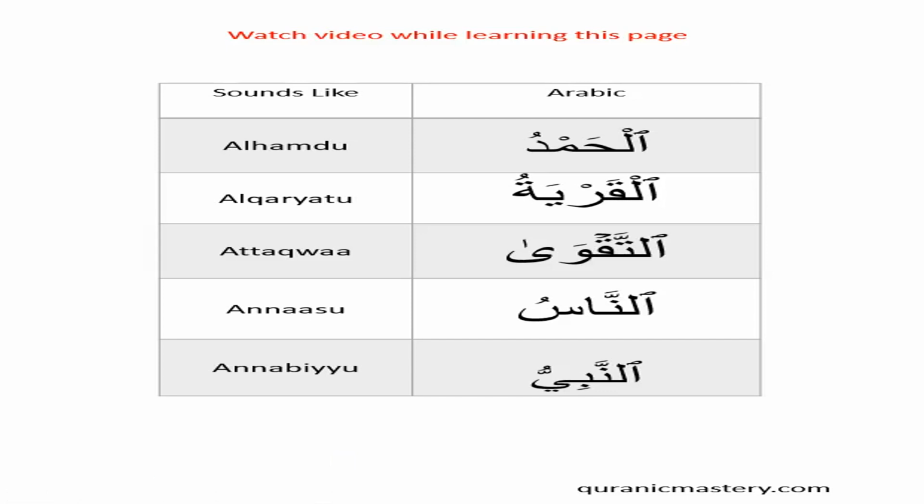Here are some examples. In the beginning of Surah Al-Fatiha, we say Alhamdu, Alhamdulillahi Rabbil Alameen. Here we can have Al-Qaryatu. It's very simple here. At-Taqwa. We haven't taken this, but you just need to know this word.